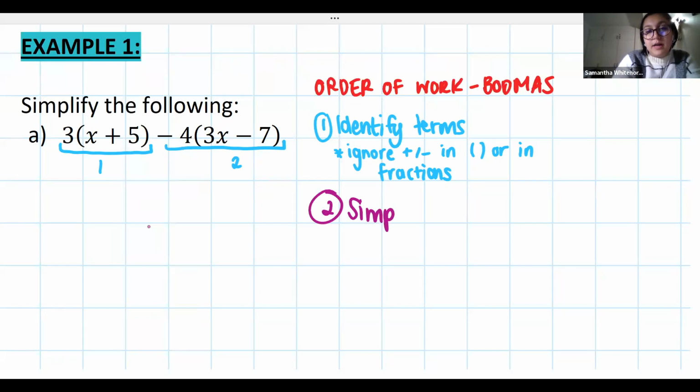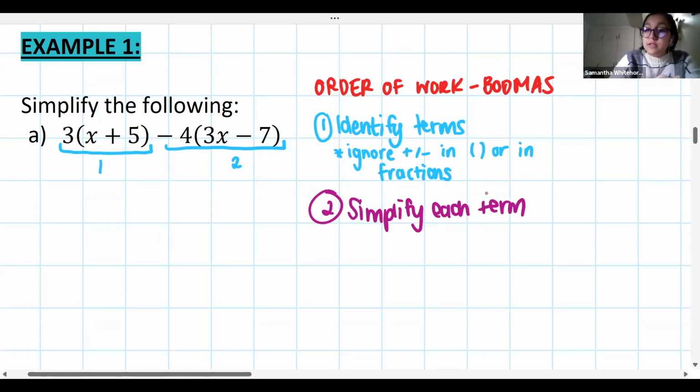So we do this term by term. If you are comfortable and you can look at that and you automatically know what your distribution is, you don't have to do the working out on the side like I'm going to do. But if you aren't, rather do a little bit of rough working out so that you are confident and comfortable with what you have.